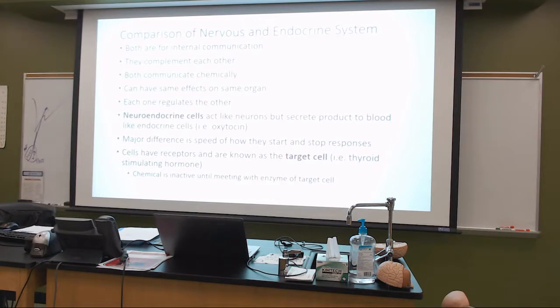So we're going to find that we've got our neuroendocrine cells. The two products, one of them is oxytocin. Have you ever heard of that? What does that do? It's during childbirth. Do you know the other hormone that might be located in the posterior pituitary?